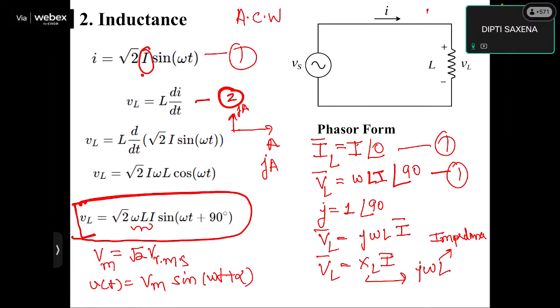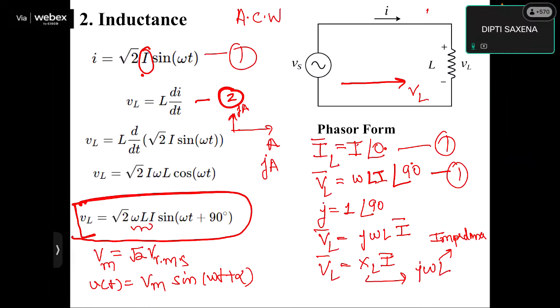Suppose I take VL as a reference phasor. So this is my VL. Now look at this. The direction of current IL is minus 90 degree behind the direction of VL.